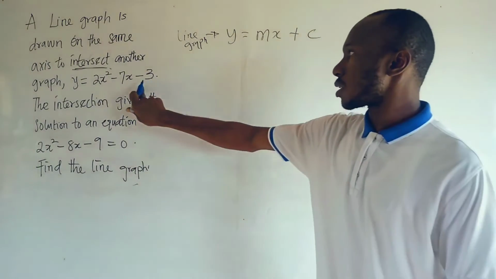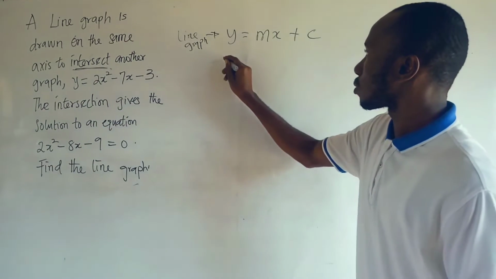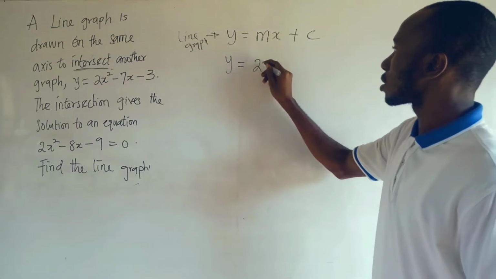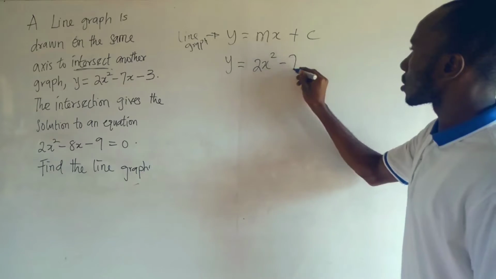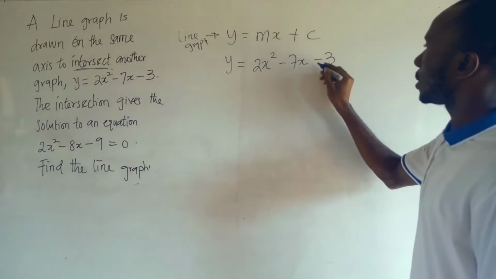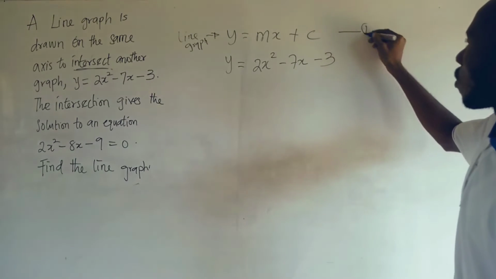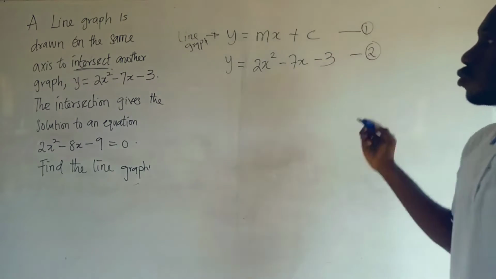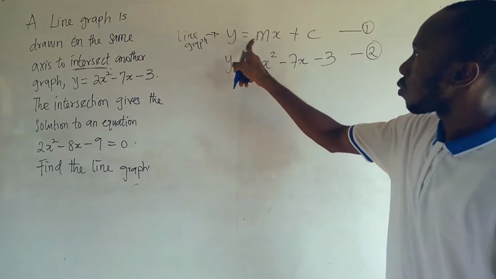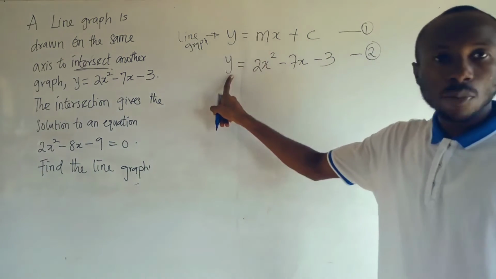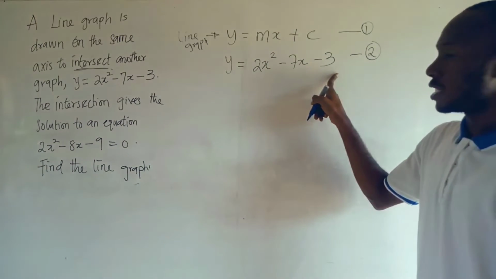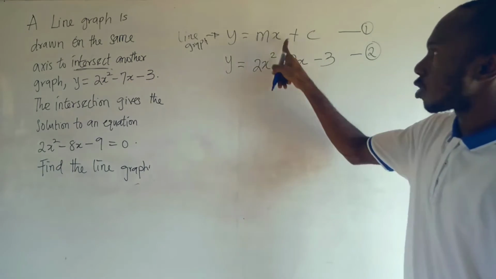Now I'm going to solve it simultaneously with this one, which is y = 2x² - 7x - 3. If I call this one equation 1 and this one equation 2, you see that y is equal to this quantity here, and the same y is also equal to this quantity here. It means that these two quantities must be the same.